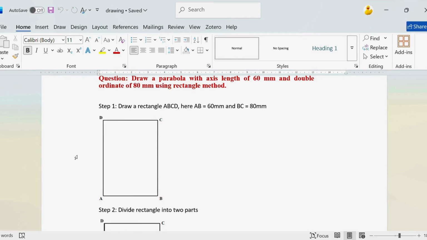In the first step we should draw a rectangle ABCD.